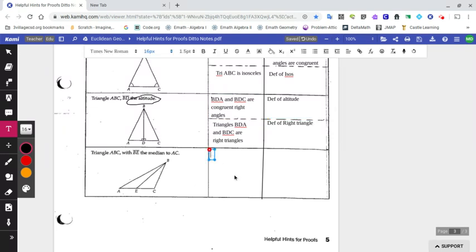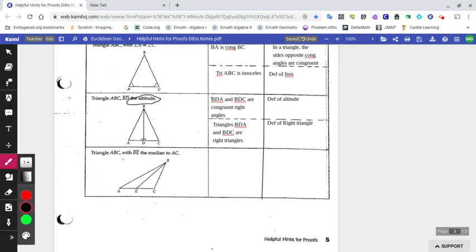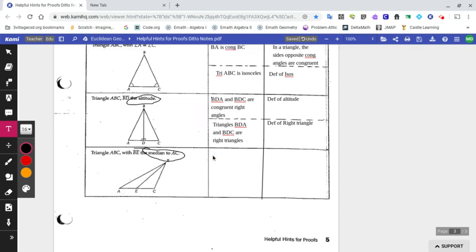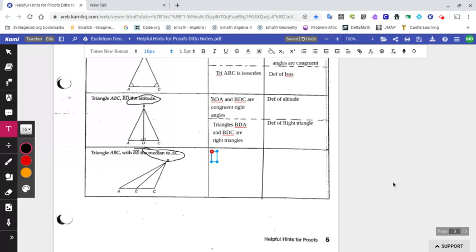And last on this ditto, BE is a median. So again, what does median say? What does a median mean? Median means that it goes from the vertex to the midpoint of the opposite side. So in this case, it tells me that AE is congruent to EC.